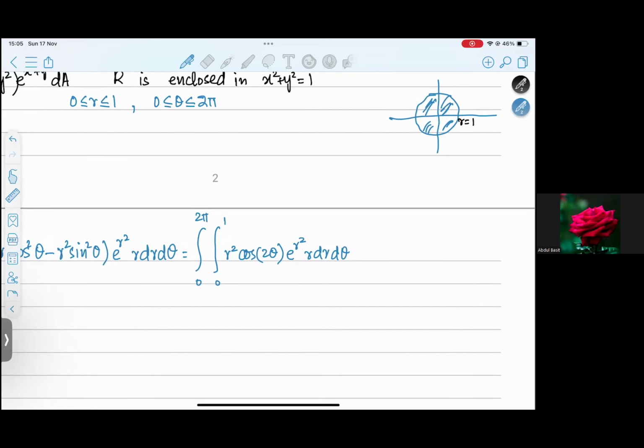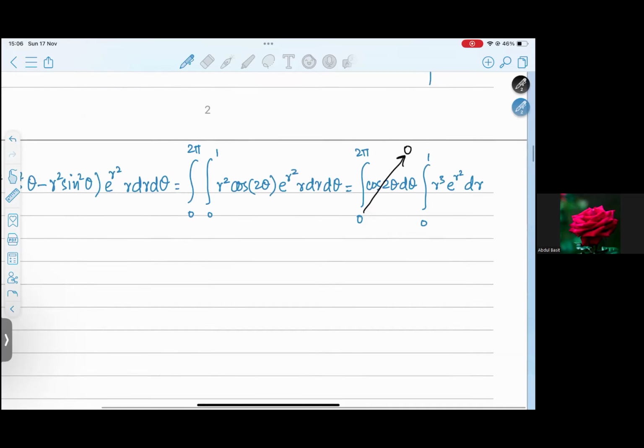If we separate out the r terms and theta terms, the theta term is just cos 2 theta d theta, and the r terms are r cube dr, right? Okay, no, it's not just r cube, it's r cube e to the power r square dr. Okay, if you notice, this integral is 0.